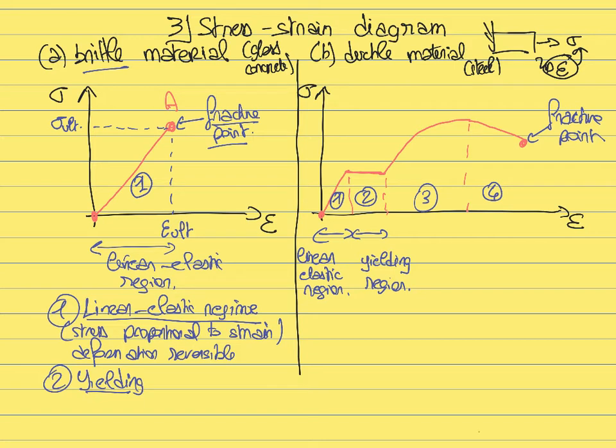And the second key difference is that now the deformation will become non-reversible, in the sense that if you increase the deformation and enter the yielding domain up to a given point here, and then unload the material, the material would remain permanently deformed. Even if you go back to zero stress, you would see a residual strain epsilon. So in this case, it means that the deformation is not reversible.